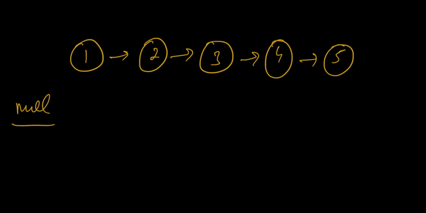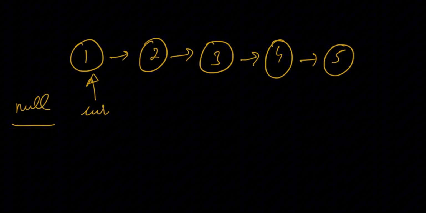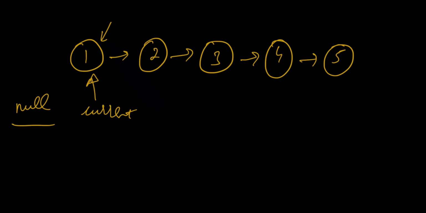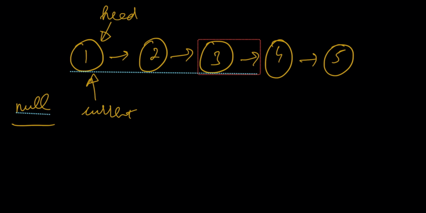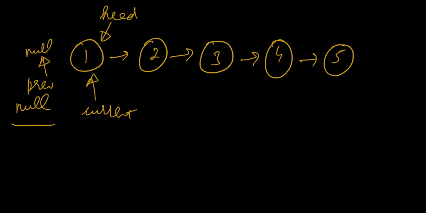Initially we're going to use a current pointer, which starts by pointing to the head node, and we have another variable, previous, which points to null. As we iterate over the list, we're going to need to save the next element, that is current.next, into another variable. Let's call it next.